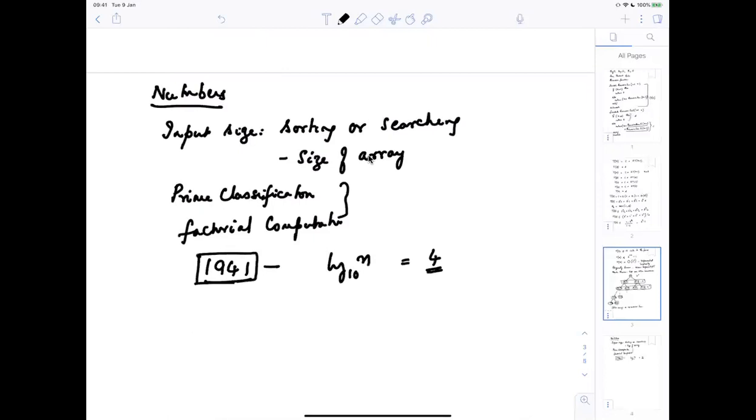We say that a solution is linear only if it takes 4 units of time. You cannot go up to 1941, which is your standard algorithm for prime classification, for example, which gave you the solution in terms of linear time. Here we are talking about the number of places in the given number.